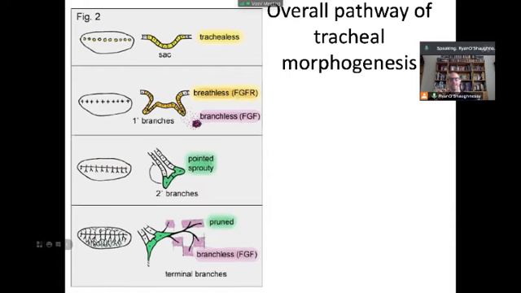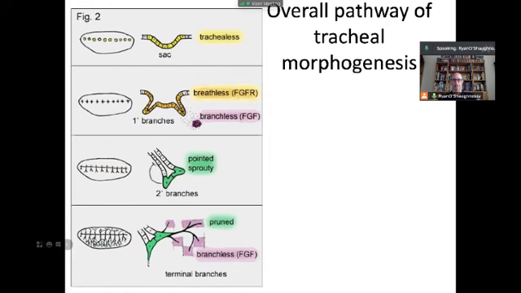Then we have that interaction between the FGF receptor, or breathless, in the tracheal epithelium and branchless, which is secreted by nearby cells, which is our fibroblast growth factor secreted factor. And this reciprocal interaction allows cells to divide and extend.